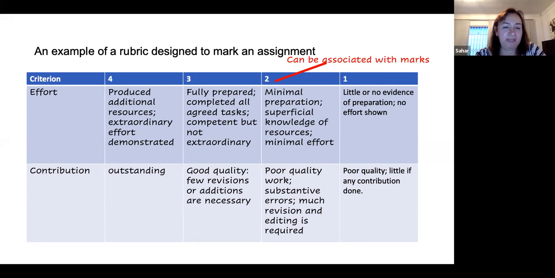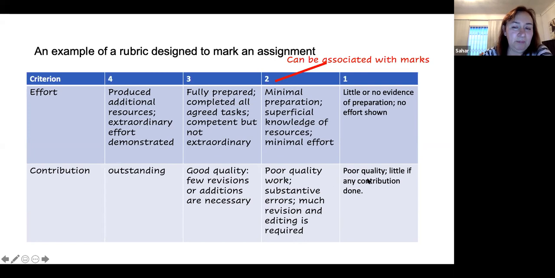So that is how you grade your assignment. And the contribution: outstanding, good quality, few revisions or additions are necessary, and poor quality work, substantive errors. There are a lot of errors, and it needs a lot of revision and addition.